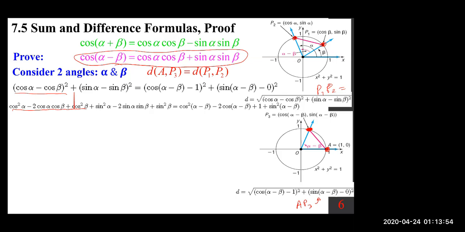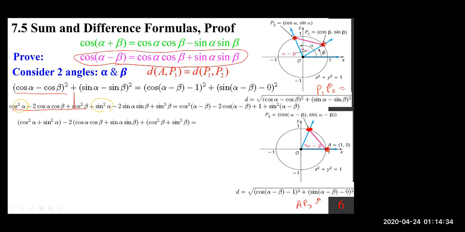So all we have to do is rewrite things, and here's what's going to happen. Cosine squared alpha plus sine squared alpha. Let me use a different color to establish this so everybody understands what's going on. So cosine squared alpha and sine squared alpha, we are going to put this one together with this one. Class? Minus 2 cosine alpha cosine beta sine alpha sine beta.